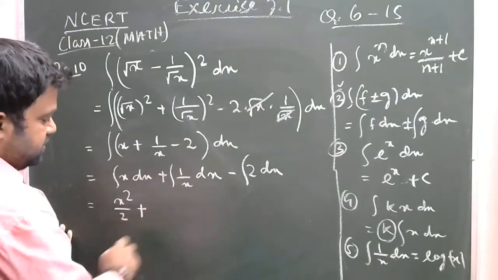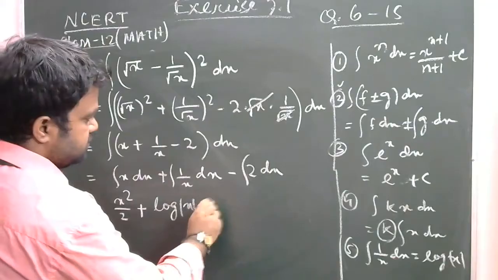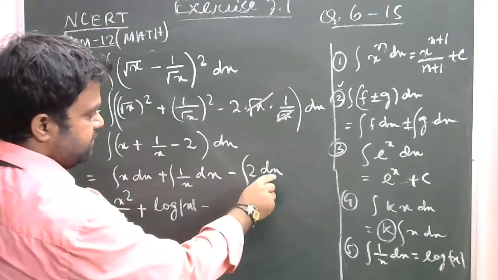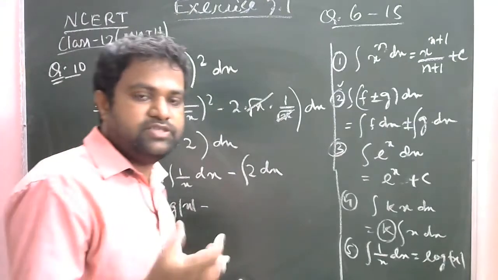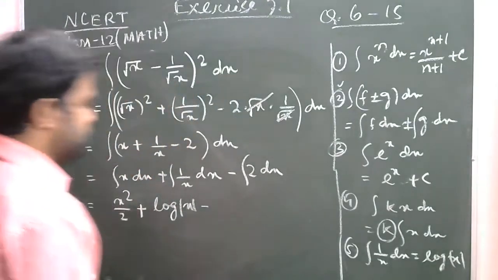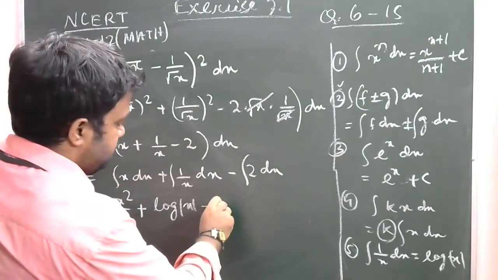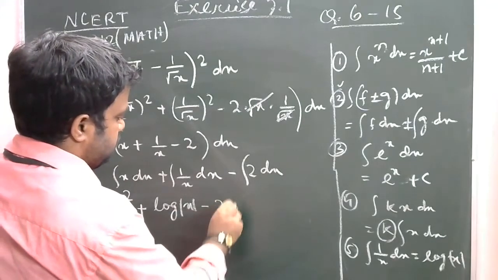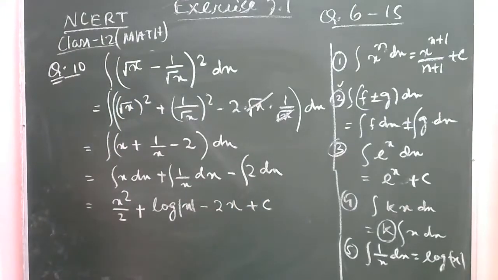So 1 upon x dx is log mod x. 2 will come outside. Integration of dx, I have done in the first problem, is x to the power 0, then 0 plus 1 by 0 plus 1, you can do that, right? So 2x plus c, and I think it's okay.